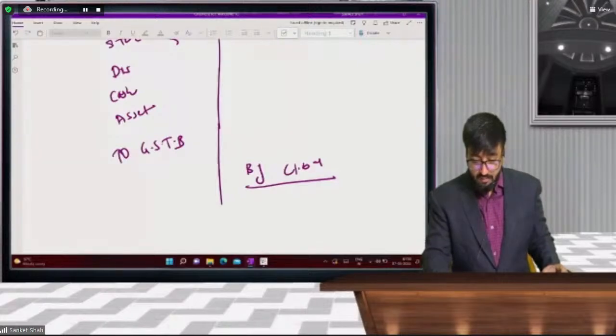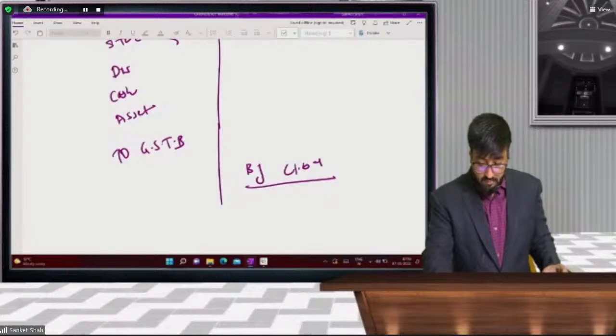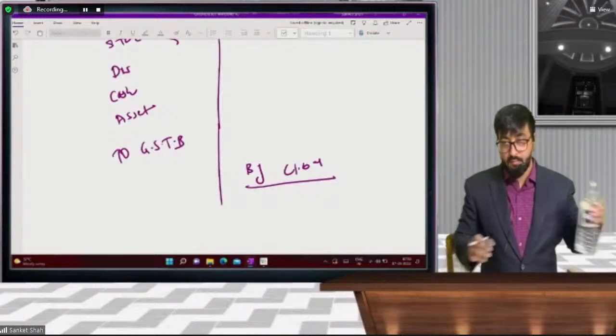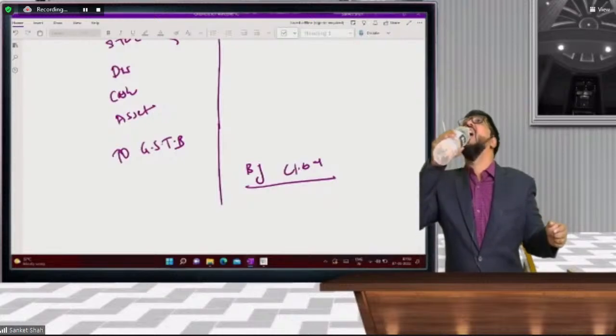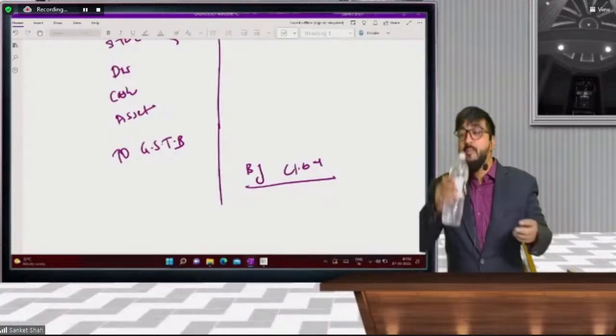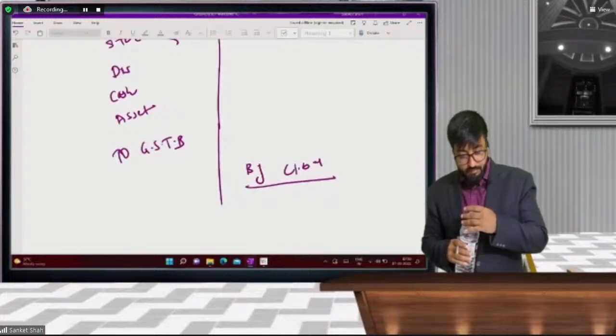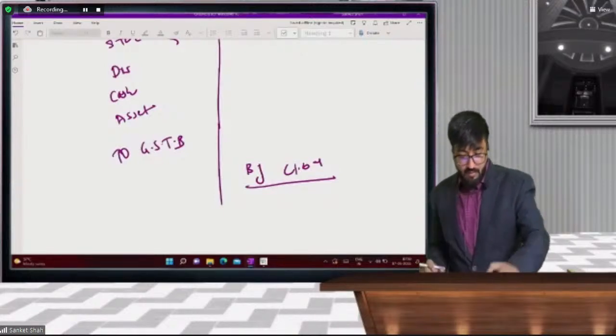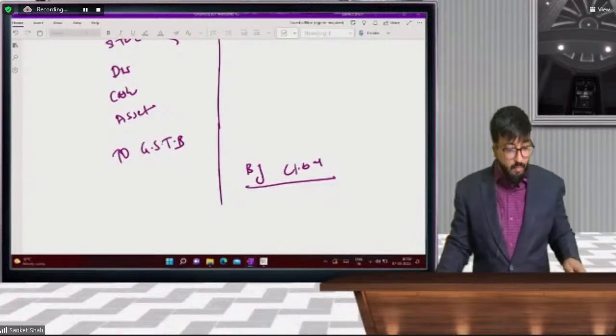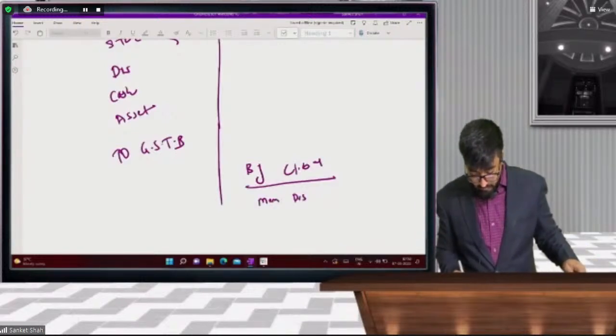We open which account? Okay, so we open memorandum accounts, memorandum debtors.